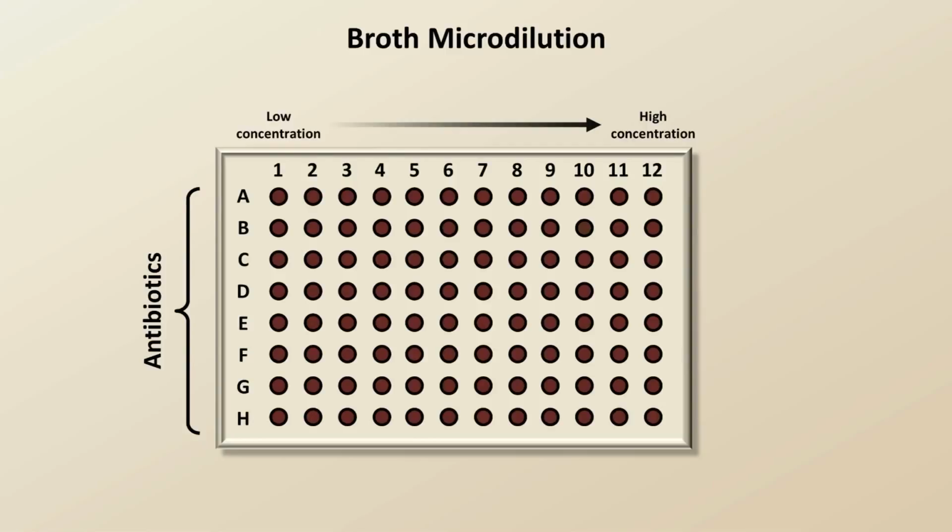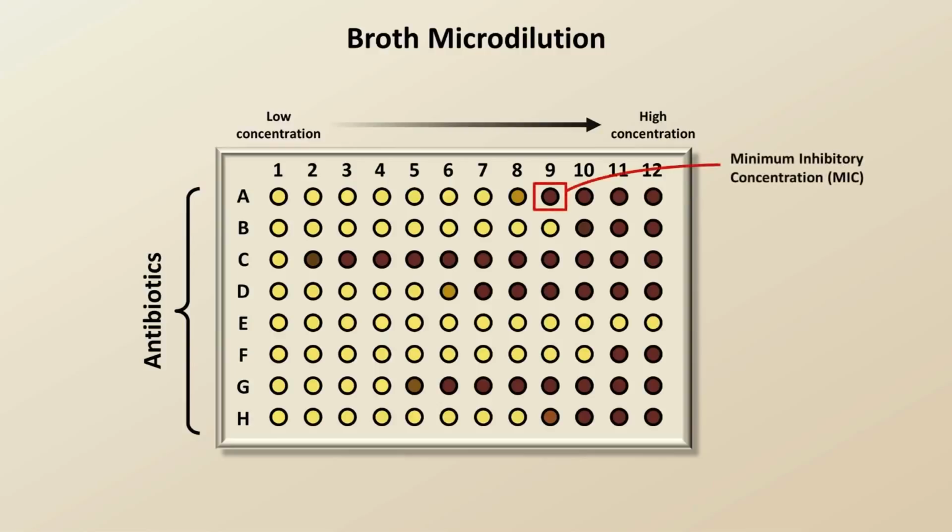You can see that the wells all start out as one color. A tiny fixed quantity of suspended bacteria is added by machine to each well. The tray is then incubated overnight. The presence of any bacterial growth then triggers an observable color change. The MIC is considered to be the lowest concentration of a particular antibiotic for which no color change is observable.